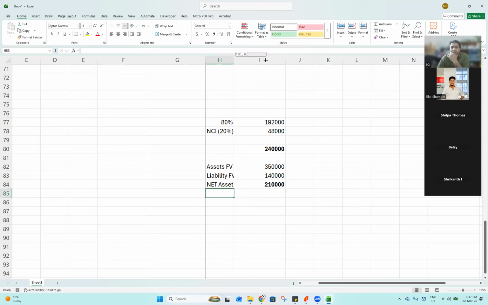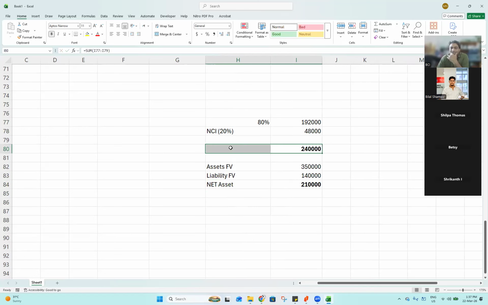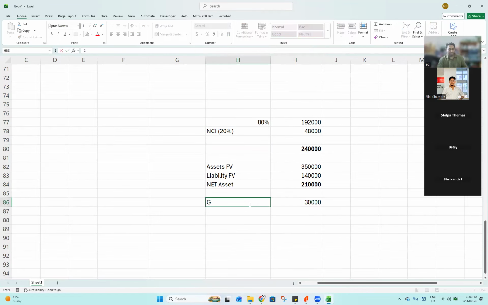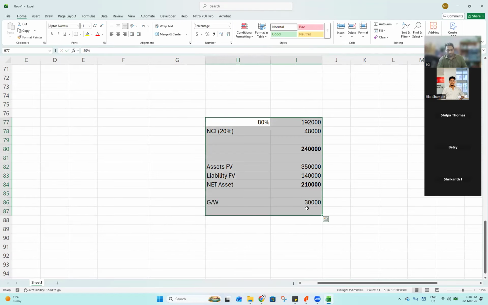What is the consideration we are paying? The total value of the business is 240, correct? And the value which we are getting is only 210. That means the difference is the goodwill. Clear?